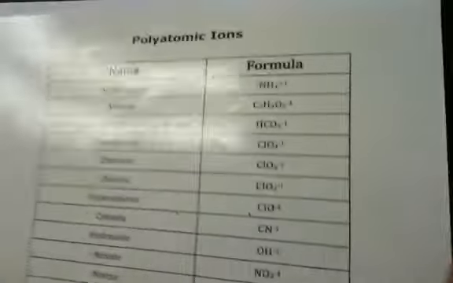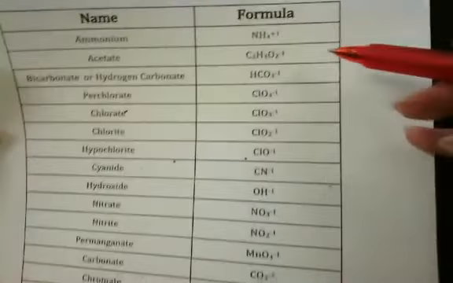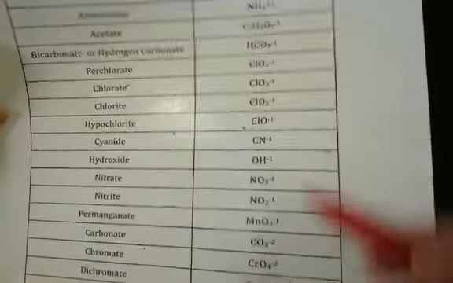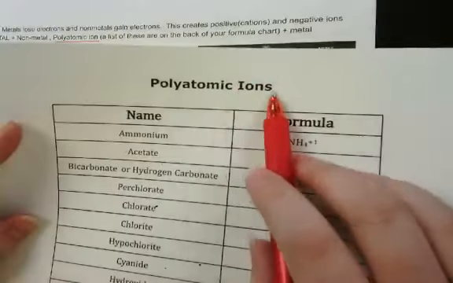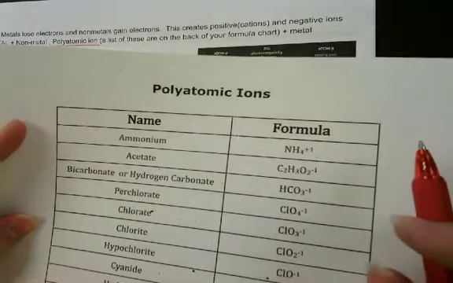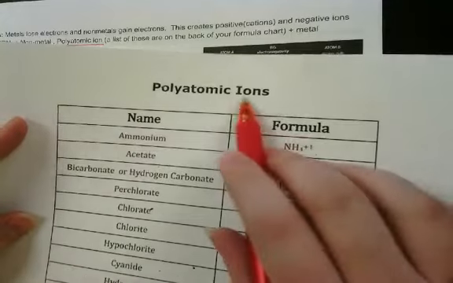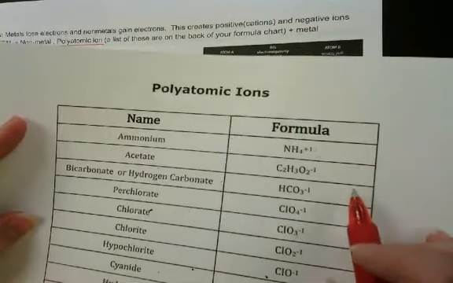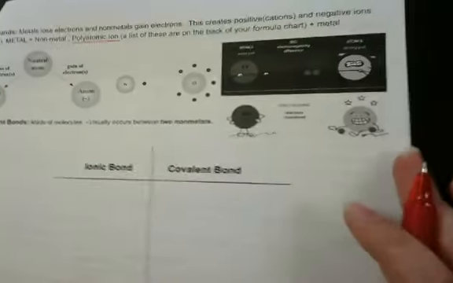On the back, you have this list of polyatomic ions. All of these are ions, and they have charges. If you have a polyion, you're going to have an ionic bond. Yes? So if you have an ion and or a metal, you have an ionic bond. That's how you're going to know.